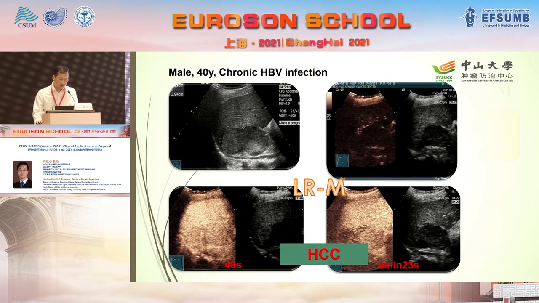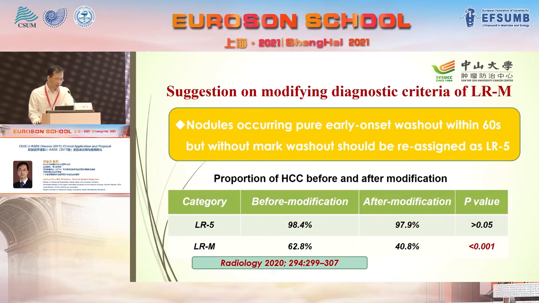So we suggest that maybe we provide a suggestion to revise the current criteria for LR-M. For lesions showing only early washout within 60 seconds, but marked washout until 5 minutes, the lesion could be reclassified as LR5.